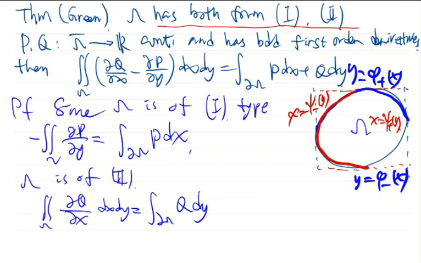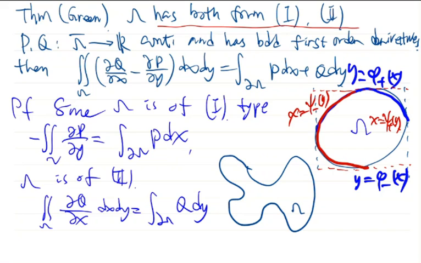For example, if omega is of this form, it is not of type 1 and not of type 2, as you can see.